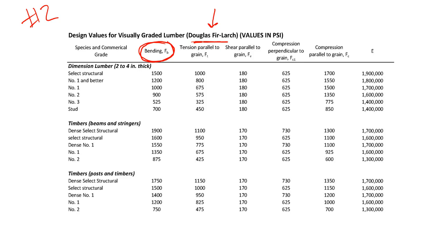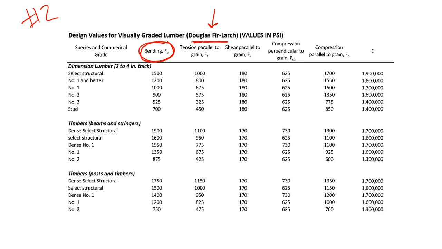If you go back to table 5.2 in your textbook, there's 3 different species that exist, and each of those species has a number of different grades. What you would find is you'd actually have to have a different table for each one of the different species. Again, this one's specific to Douglas fir larch. I'm not going to give you lots of different design tables. We'll just go ahead and we'll use this one. So we'll assume from now on that we're going to use Douglas fir larch as our choice of species because this is the table that we would want to use.